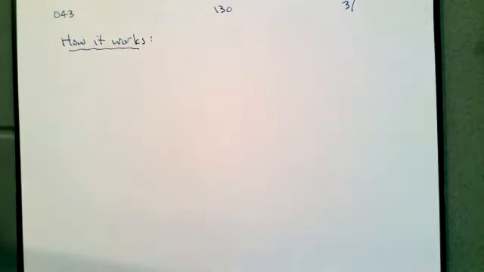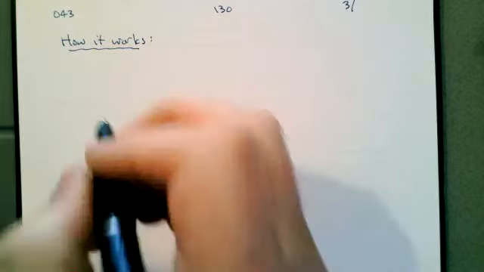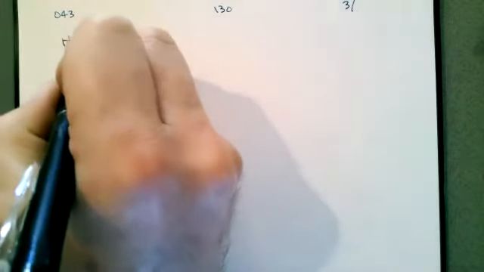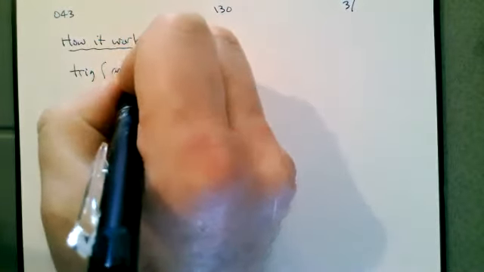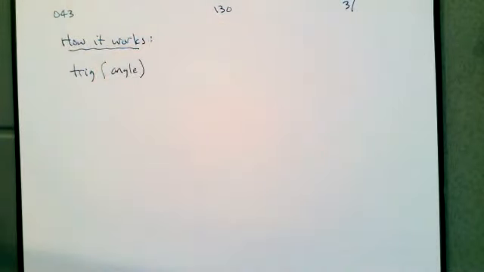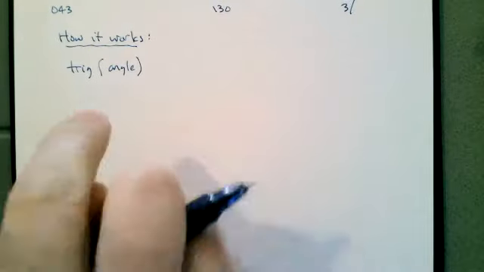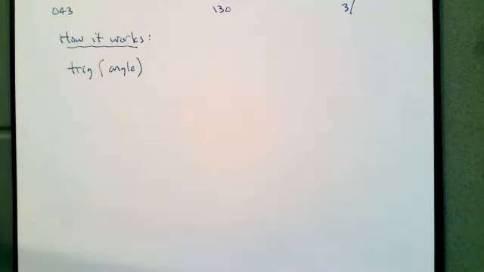So we're going to have some trig value of an angle. So trig function of some angle. This trig is going to be sine, cosine, or tangent. And our angle is going to be one of the 12 with a 30, 45, or 60 degree reference angle. And we need to get two things: a sign, positive or negative, so S-I-G-N.